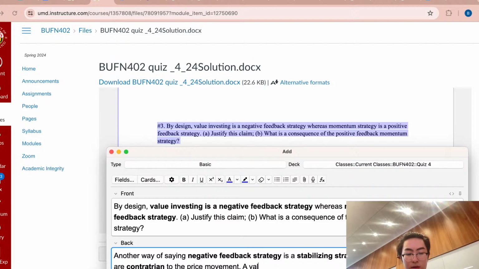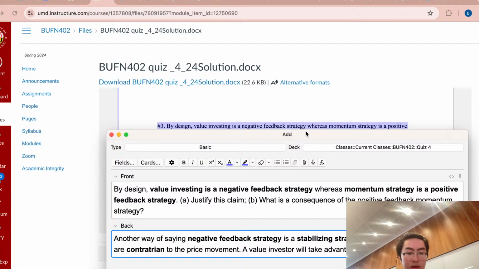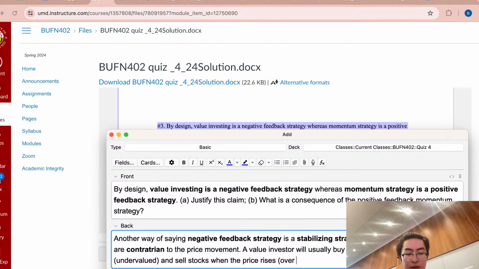A value investor will take advantage of any price movement: we usually buy stocks when the price falls, so this is usually undervalued, and sell stocks when the price rises, so this is overvalued.